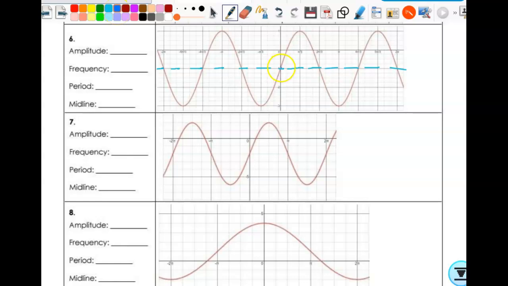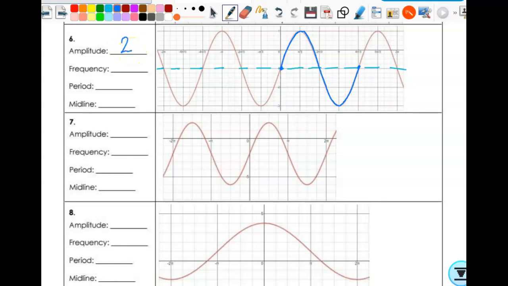So starting at 0, that would make this a sine function. So 1 cycle would look like this. So from that, I can get that my amplitude is what? 2.